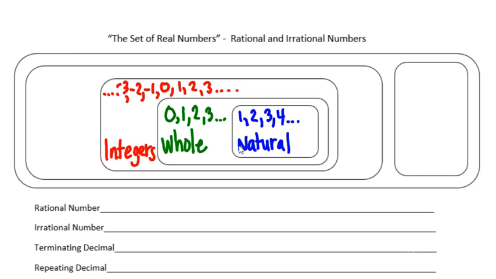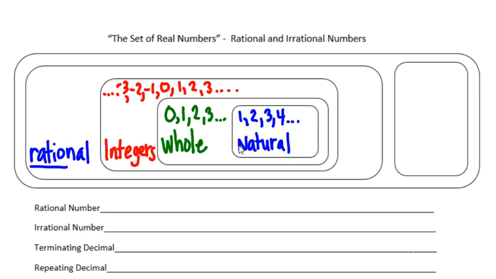But -5.5 is part of the next group, which are rational numbers. The way I remember what rational means is I think about the first part of the word. The first 5 letters of the word rational spell ratio.